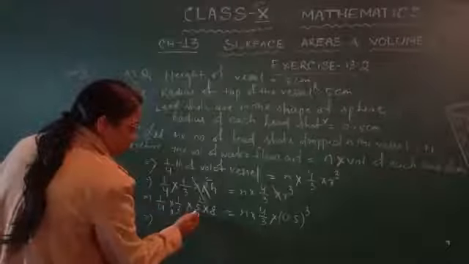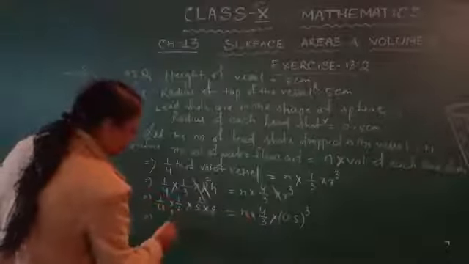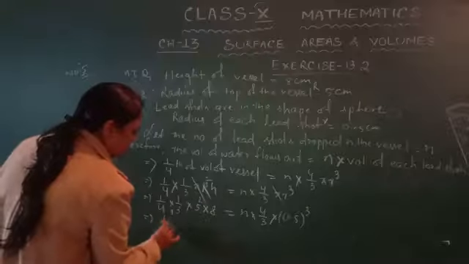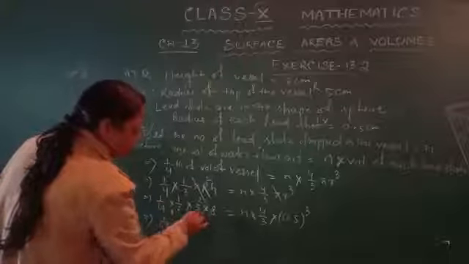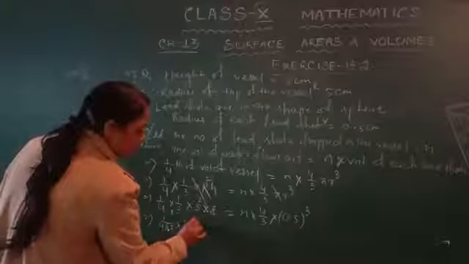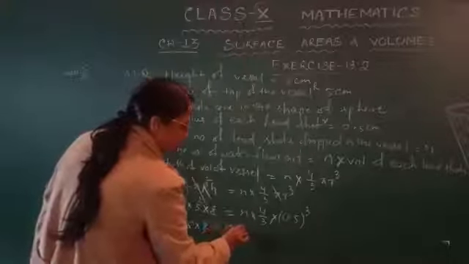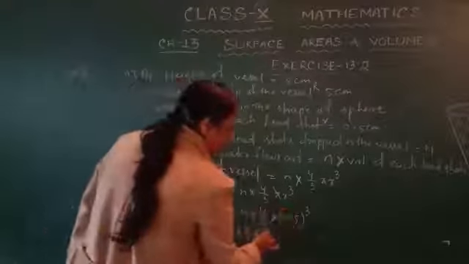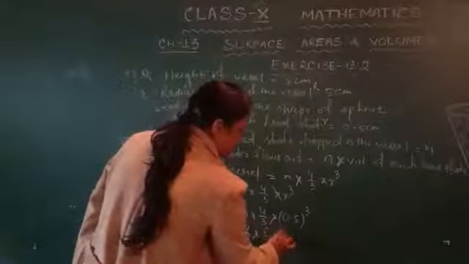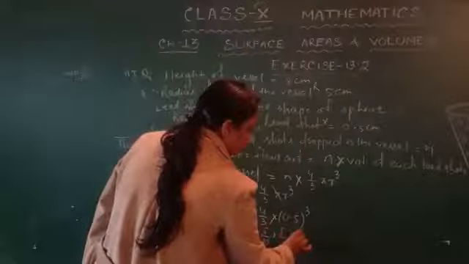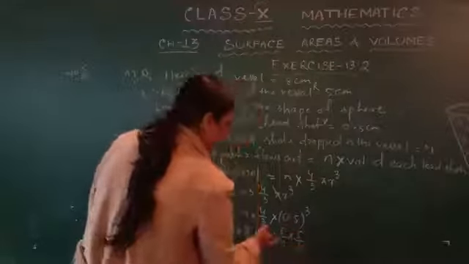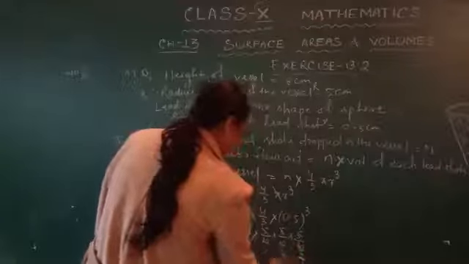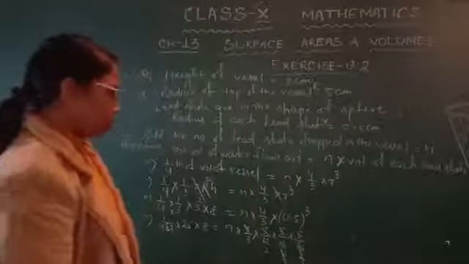Okay, then here you write, now 5 square, so here is 1/4 into 3 into 25 into 8 is equal to n into 4/3, here it is 5/10 into 5/10 into 5/10, and the 2s cancel here.